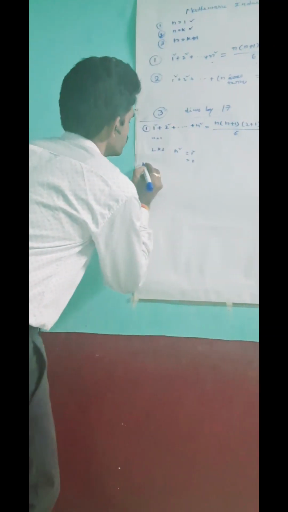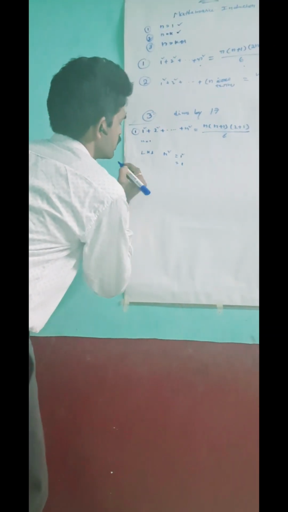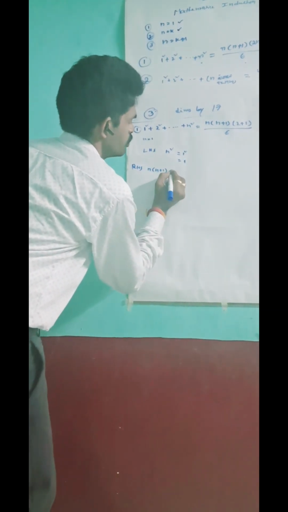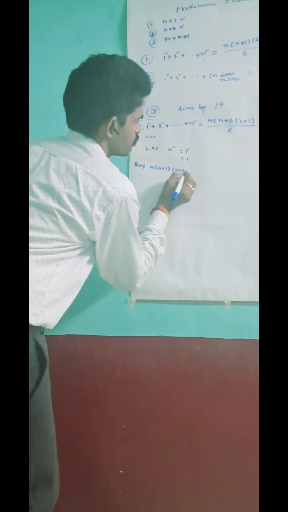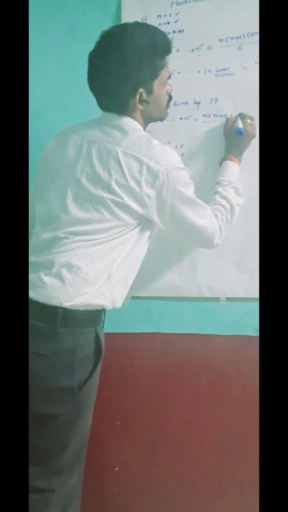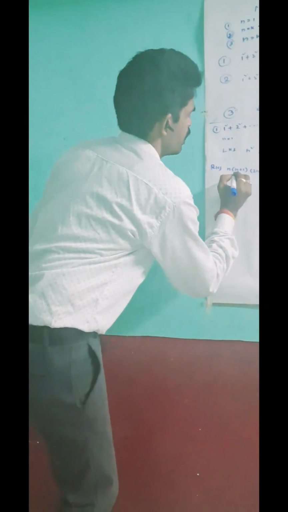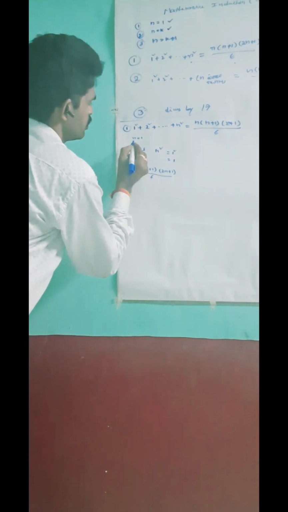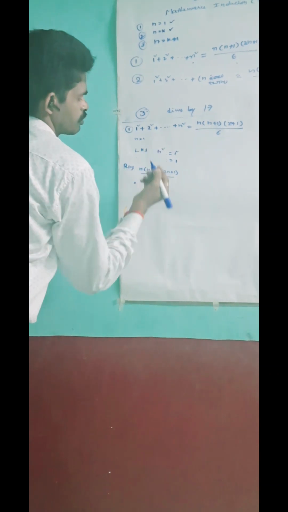Next you can take RHS. So n into n plus 1 into 2n plus 1 by 6. We can substitute n is equal to 1.